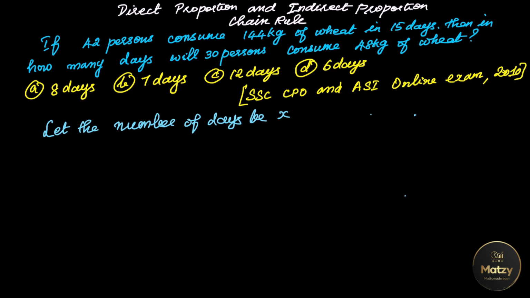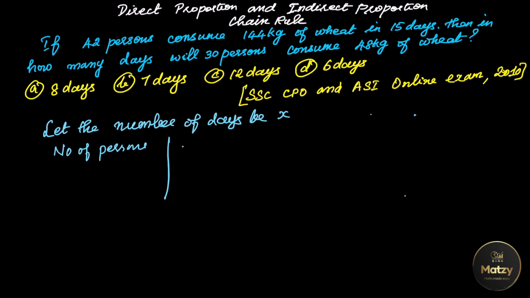Okay, let us do this sum. If 42 persons consume 144 kilogram of wheat in 15 days, then in how many days will 30 persons consume 48 kilogram of wheat? That is the question. See, for that we have to write first, I am taking the number of days to be x. First, number of persons. I am making one table like that.